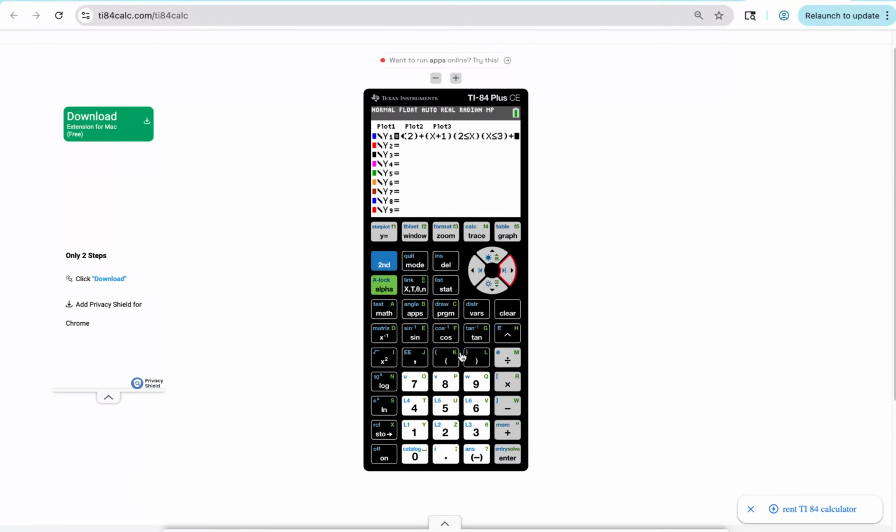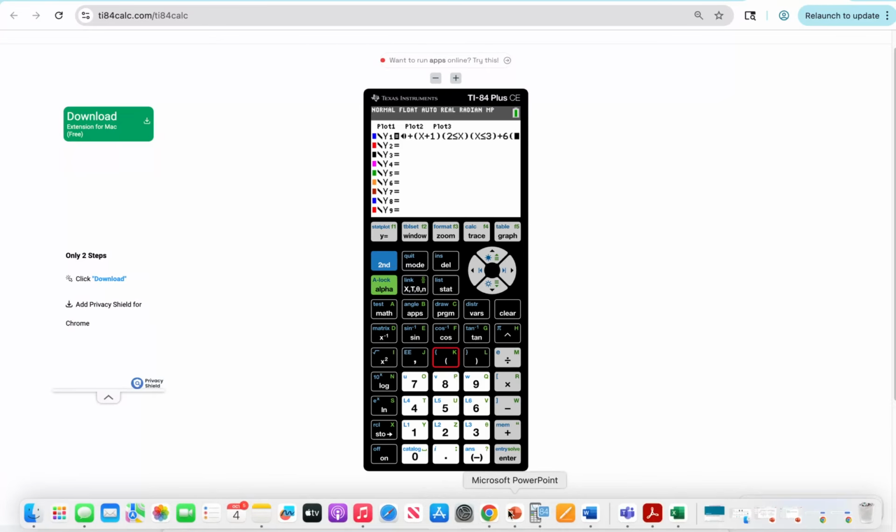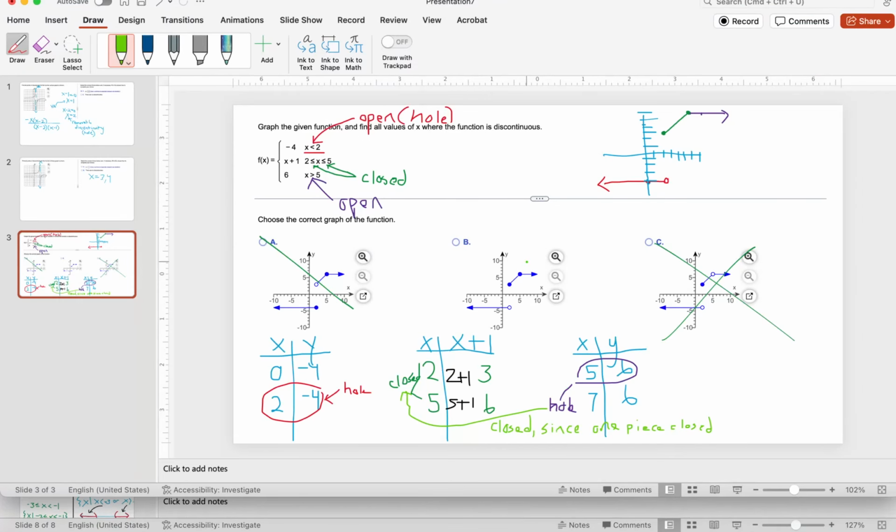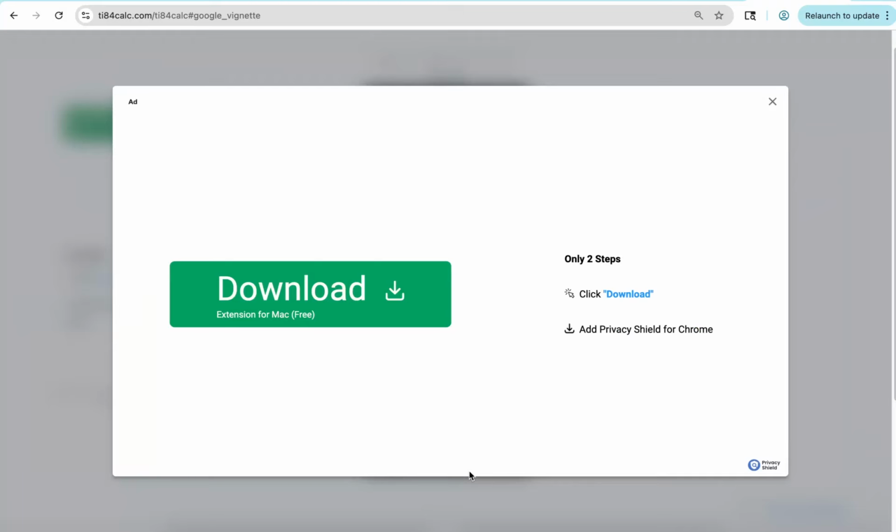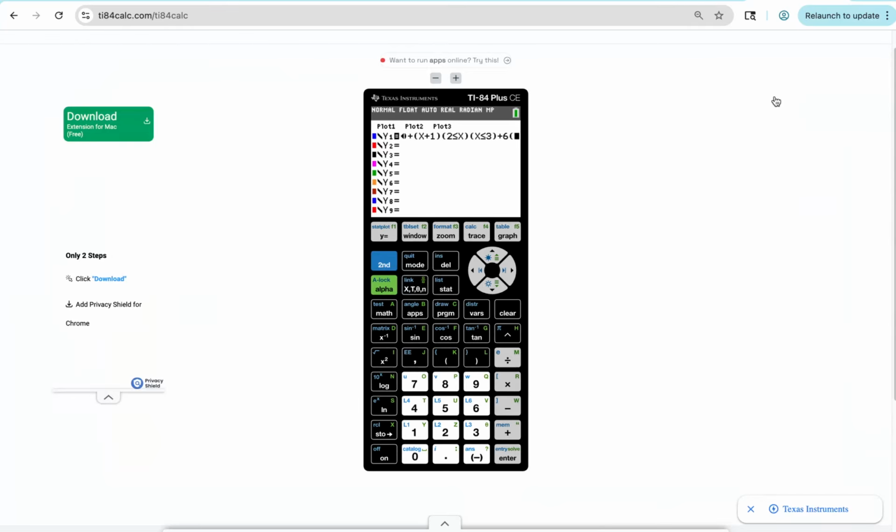Okay, so the next one was, I believe it was 6, right? And that's when x is greater than, let me actually look. I forgot what it said. It was 6 when x is greater than 5. Oh, and that's a 5. That's not a 3. Let me change that. Sorry, let's see. So this is a 5.